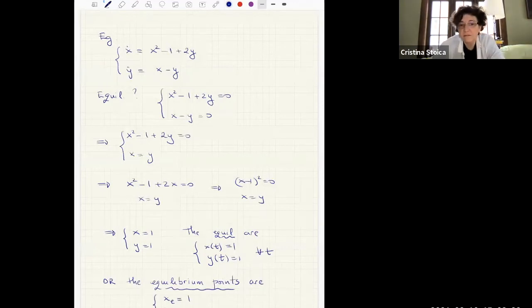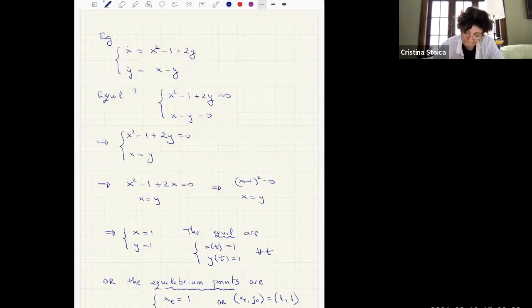Or we can write like this, there are various ways to write this: (1, 1). Maybe this is the most common way to see it.